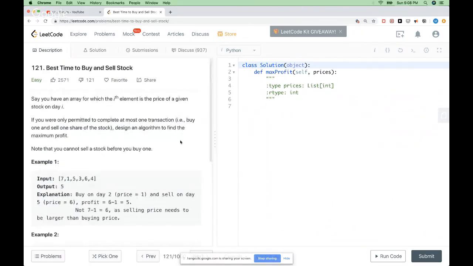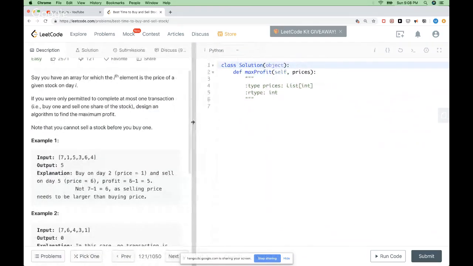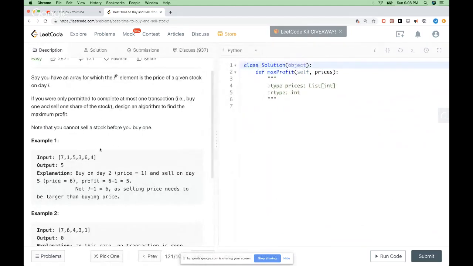Now, how can we solve this problem? What we need to do is find the lowest value in the array, which in this case is 1, and compare it with the days after it. Which one of them would give us the most profit? In this case, it's 6.